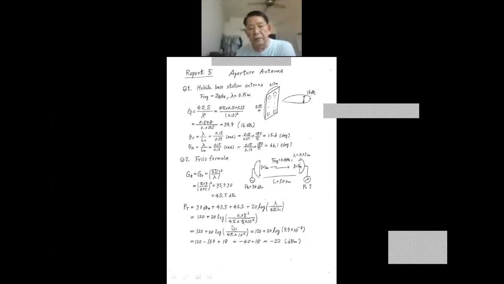Putting the data, then like this, this part is 120 minus this part 160 plus this part 18. So total becomes minus 22 dBm.